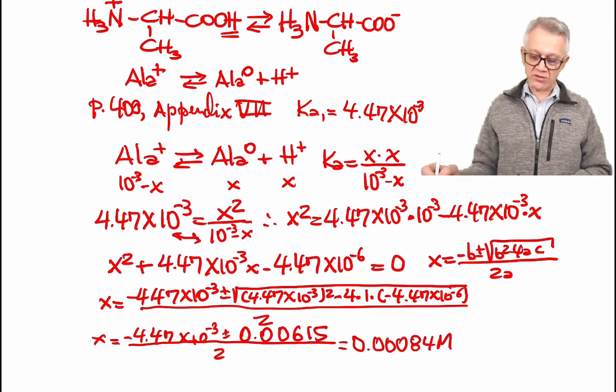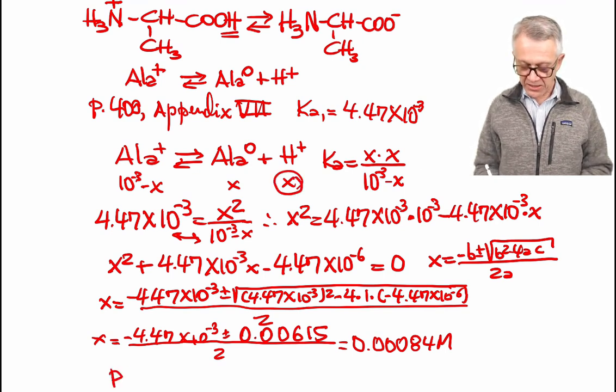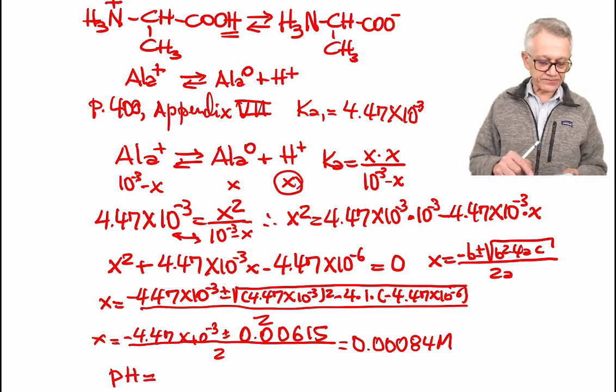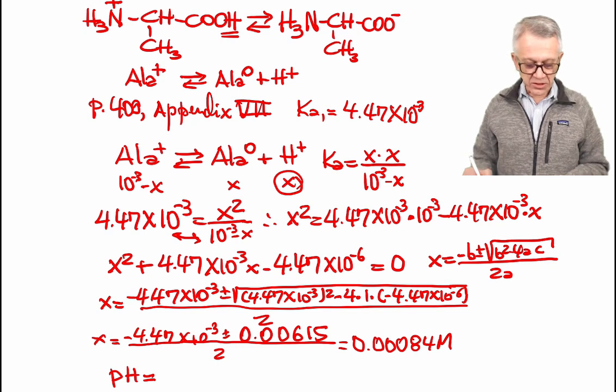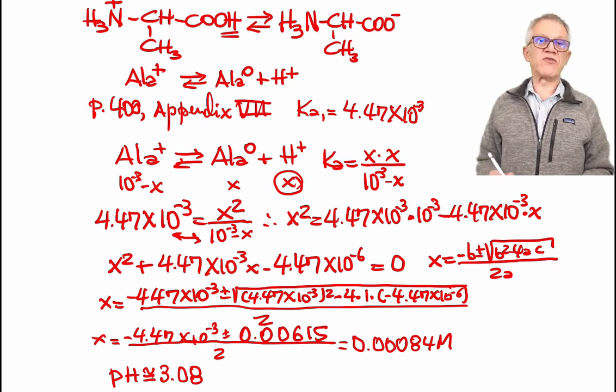This is the concentration of protons. So if the concentration of protons is like that, the pH is minus log of that number, which gives 3.07576. So let's say 3.08. It's a good approximation.